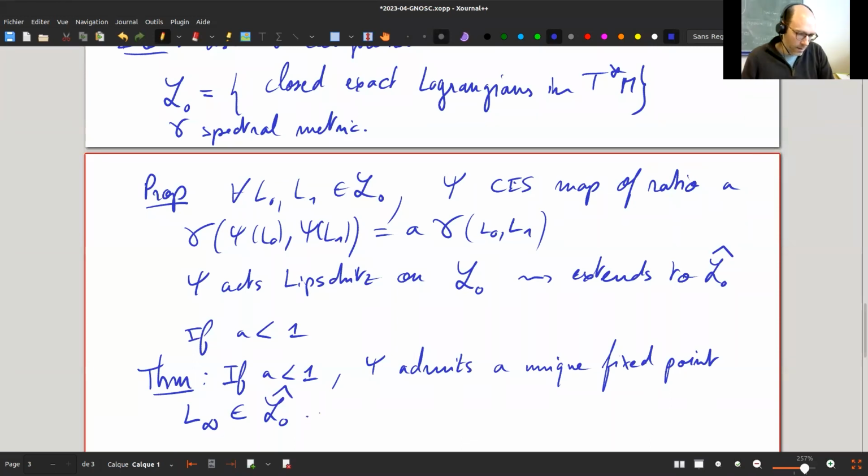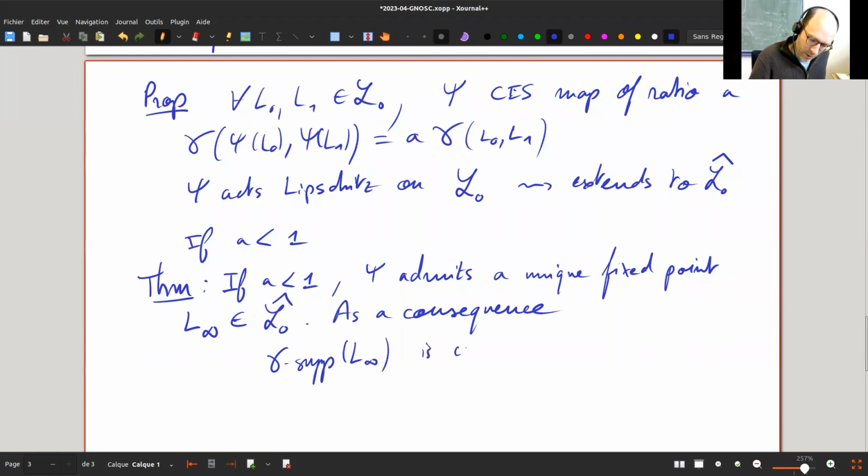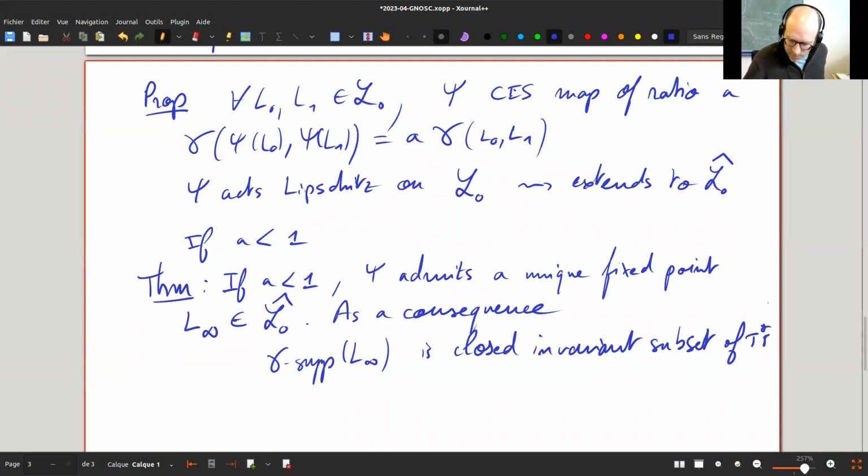Okay. So that's kind of obvious. And then as a consequence, if we consider the gamma support of L infinity, this is a closed invariant subset of T star M. Oh, sorry, invariant by psi in T star M. This thing I will denote B of psi.